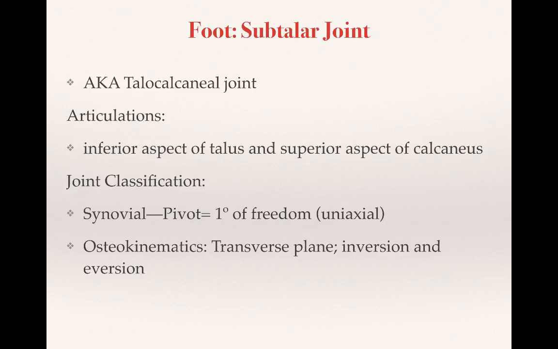The articulations for this joint are the inferior aspect of the talus and the superior aspect of the calcaneus. This is also a synovial joint with 1 degree of freedom. It allows some eversion and inversion to occur. These two motions are specifically foot motions and not ankle, so make sure you don't confuse the two. When we're talking about eversion and inversion, this occurs at the foot and not at the ankle.